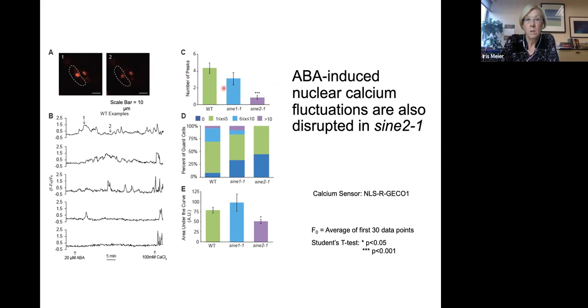There is no distinguishable defect in SINE1-1, but there is a clear defect in SINE2-1. So at this point, we know nothing about the biology, the potential regulatory features of these nuclear calcium fluctuations, but because they hadn't been known in the guard cell biology story before, we're quite interested now in also following up on this to a certain degree.